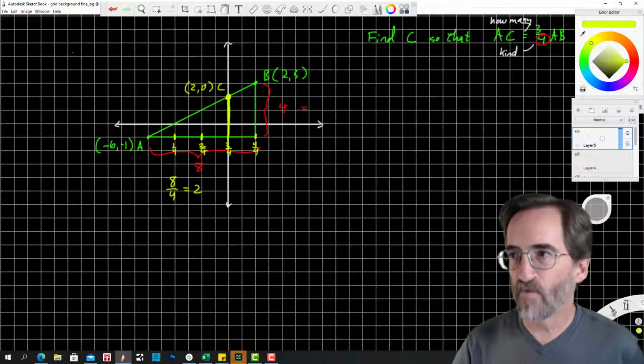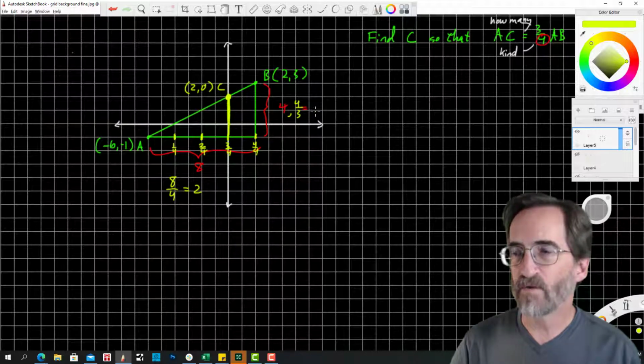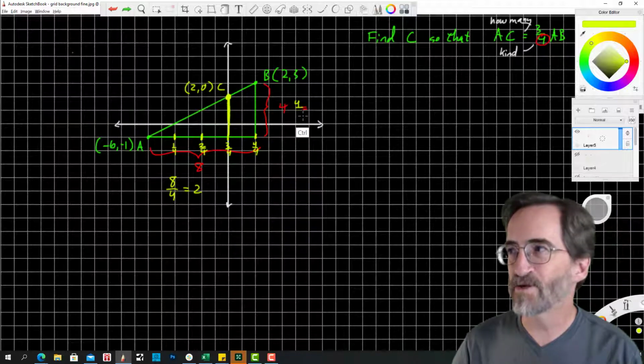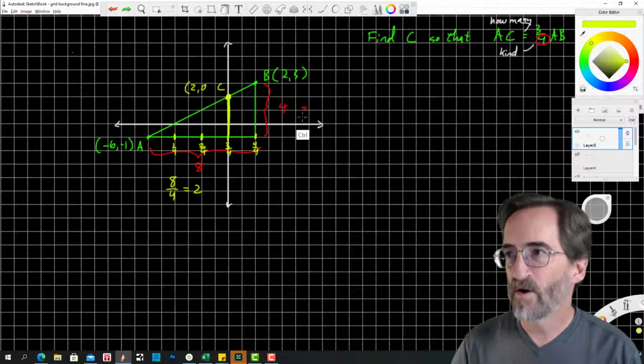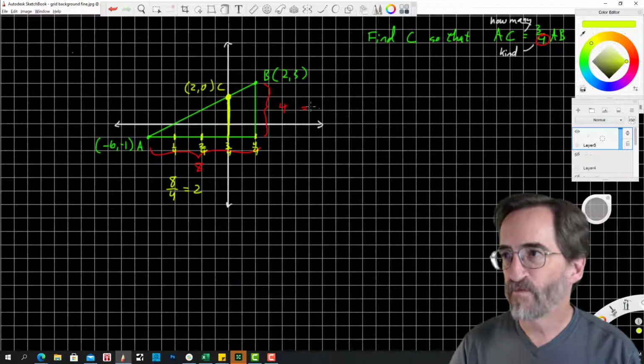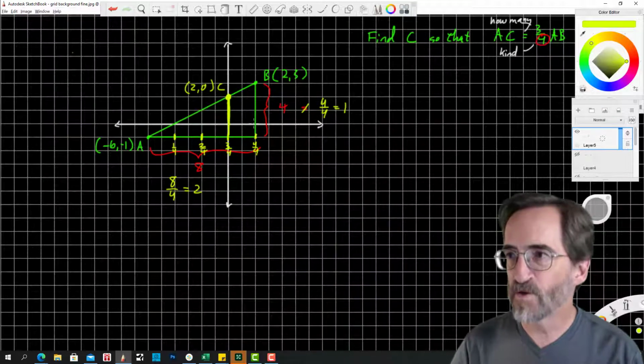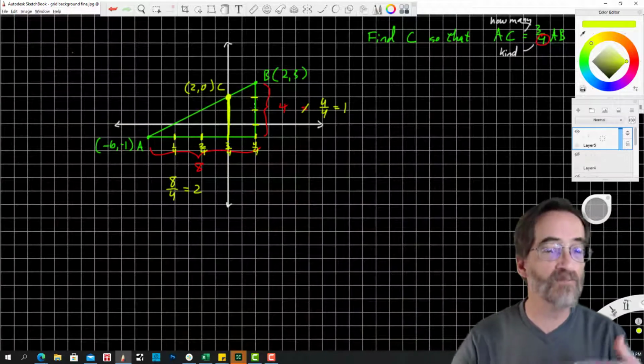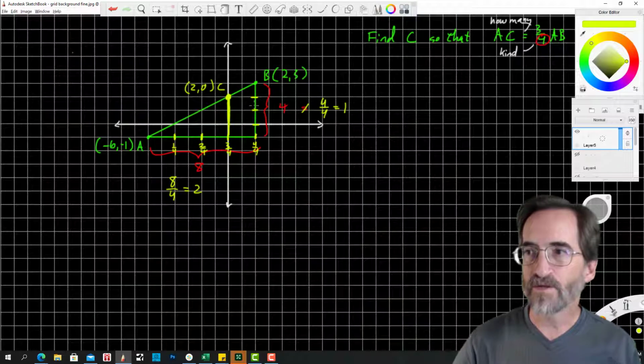Let's go ahead now and look at it in terms of y. If I take 4 and divide by 4, 4 divided by 4 is 1. So if I want to divide this distance of 4 into quarters, I'm going to count off by 1's: 1, 2, 3, 4.